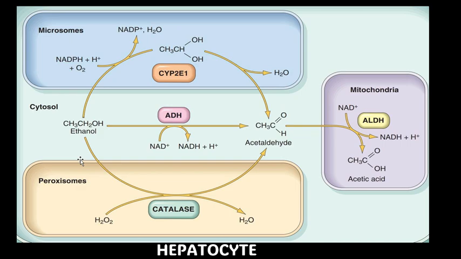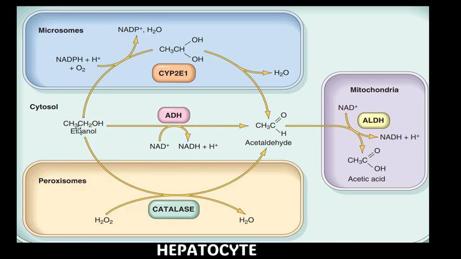These enzymes come into play when the concentration of alcohol is very high in that person's blood. That is, if the person is alcoholic and consuming too much alcohol, the alcohol concentration will be high in the blood. In such cases, the other organelles in the liver cell, the microsome and the peroxisomes, will also be involved in the metabolism of alcohol, not only the alcohol dehydrogenase in the cytoplasm.